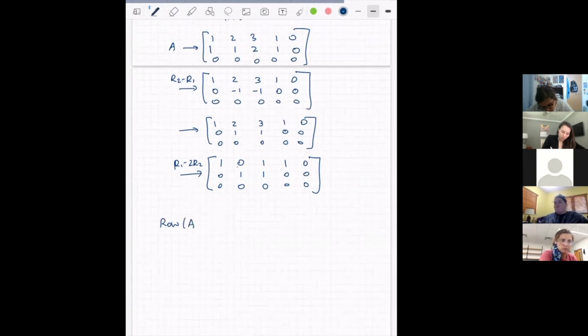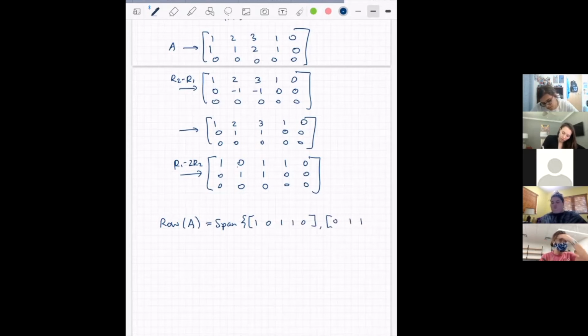So we can stop. And we know that the row space of A is equal to the span of these two non-zero rows, 1, 0, 1, 1, 0, and 0, 1, 1, 0, 0. And this is a basis. So the basis for the row space is just these two vectors.